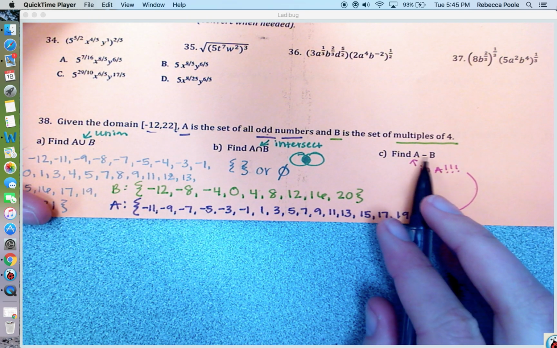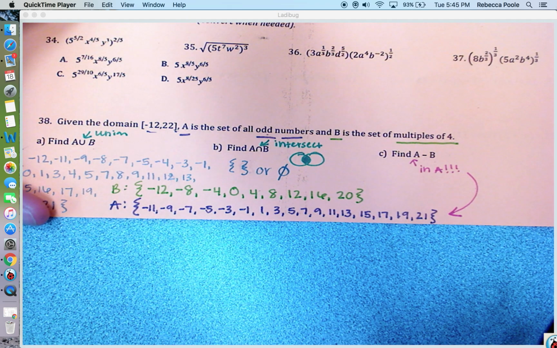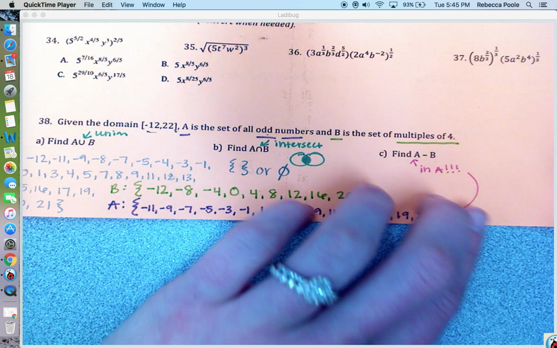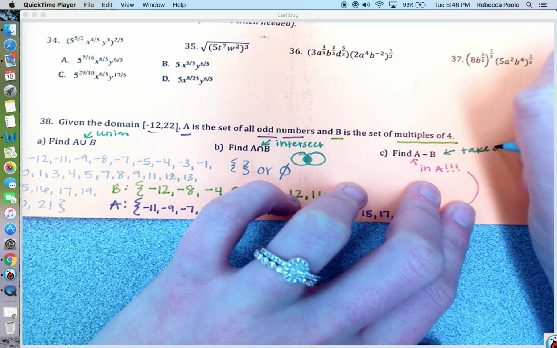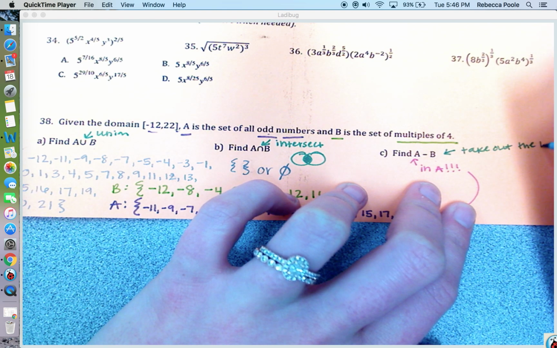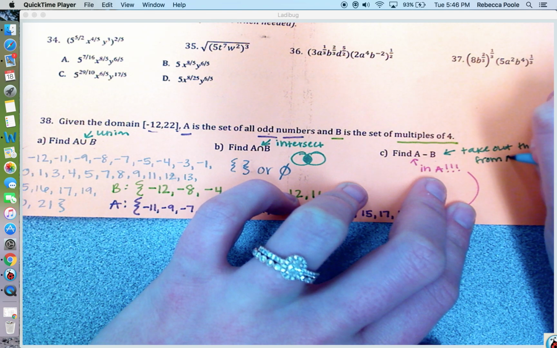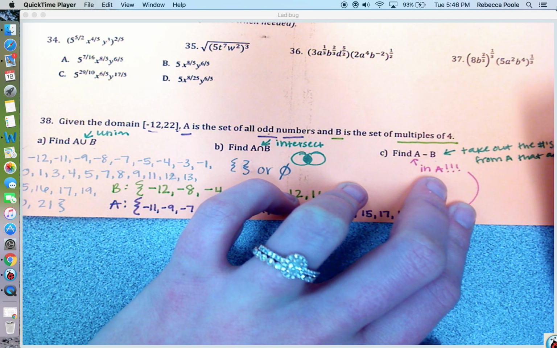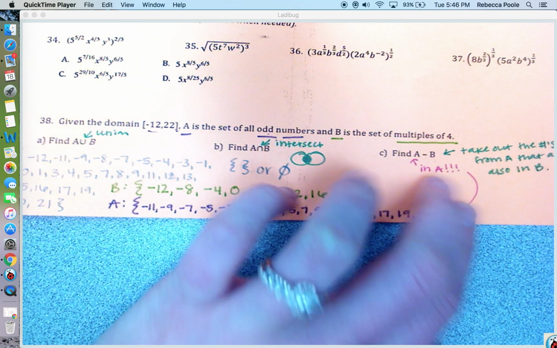Numbers in A, and then any number that ends up in B, I'm taking out. So we're going to take out the numbers from A that are also in B.